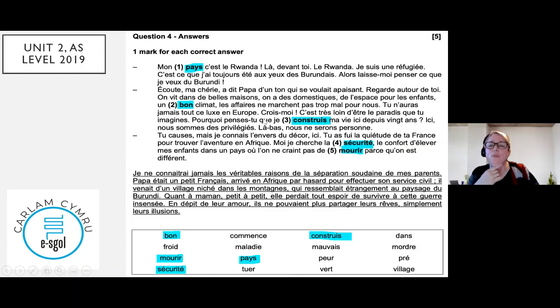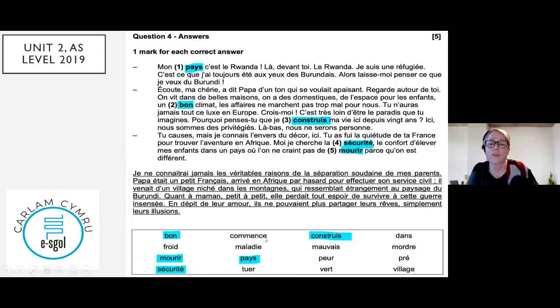Pourquoi penses-tu que je construis ma vie? Now, you could have said, he's saying, why do you think I'm building my life here? Or I have been building, rather, my life here for 20 years. Why have I been building my life? We've got a choice.